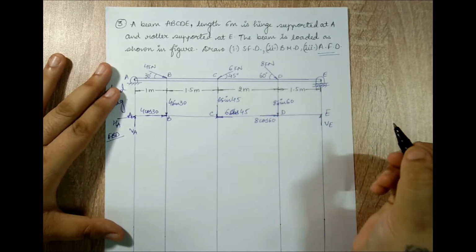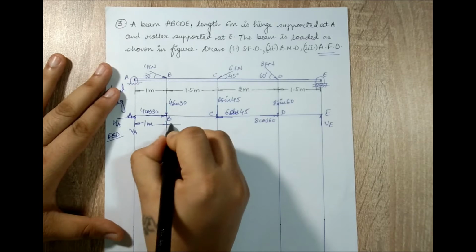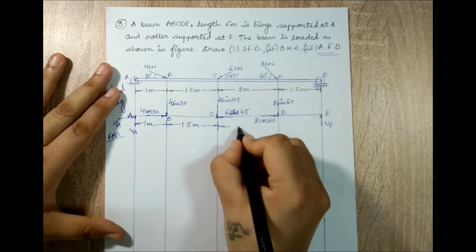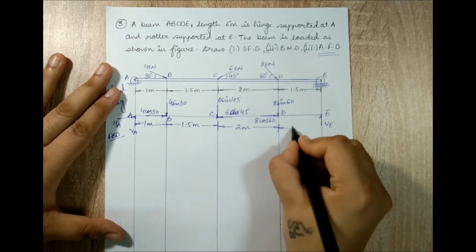This is point D. I mark the distance as 1 meter, 1.5 meter, 2 meter and 1.5 meter.